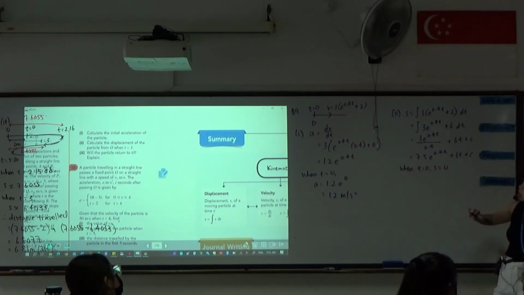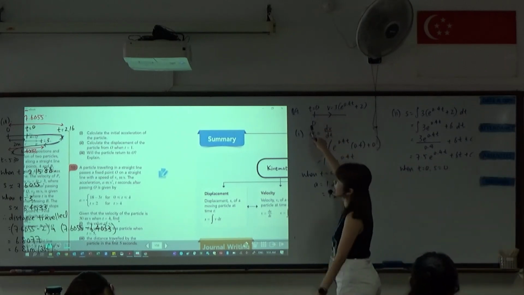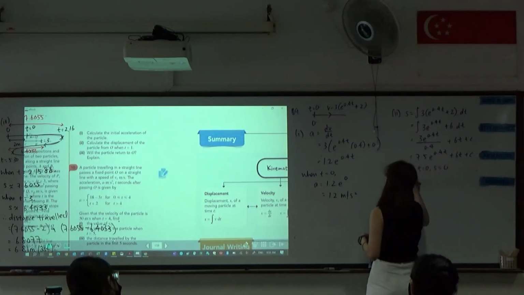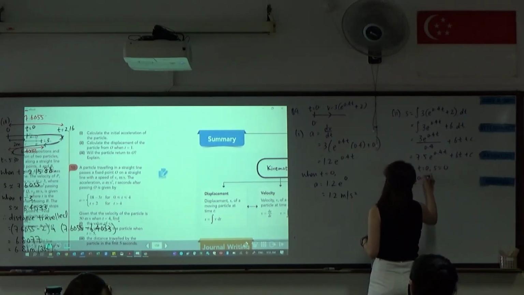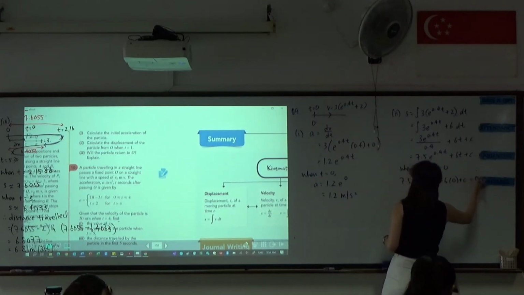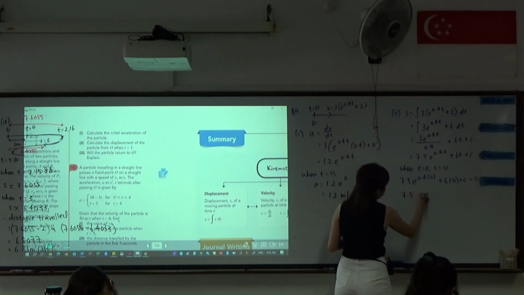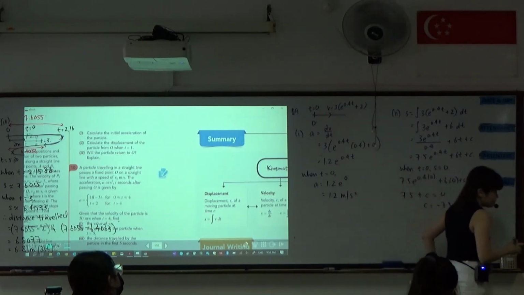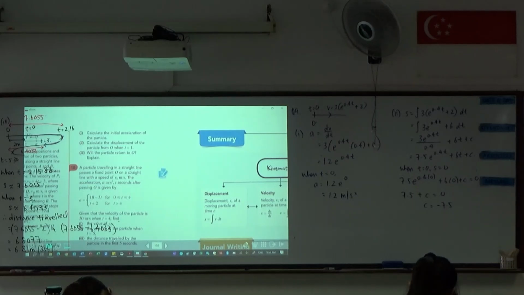The question mentioned that when time equals 0, it started at the point O, the reference point O, so your displacement s equals 0. In other words, 7.5 plus c equals 0, and c equals negative 7.5.